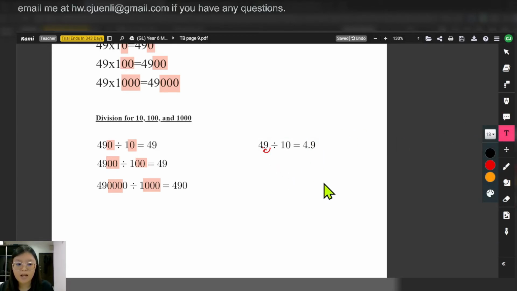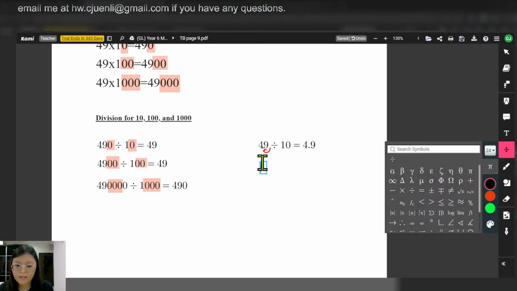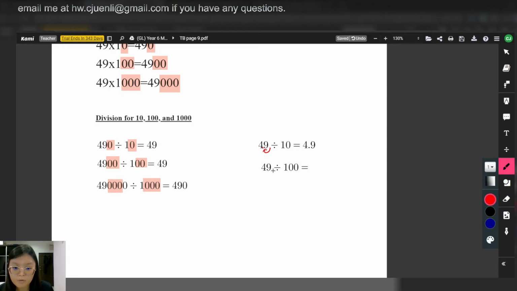So let's try another one. Let's use the same number. 49 divided by 100. So this time, because there are 2 zeros in 100, we're going to move 1, 2 digits, and draw the arrow right over here. Now, this time, it's not inside of these digits anymore, it's outside.